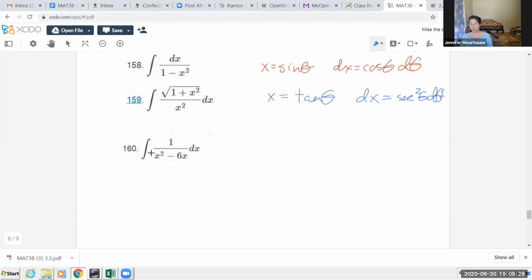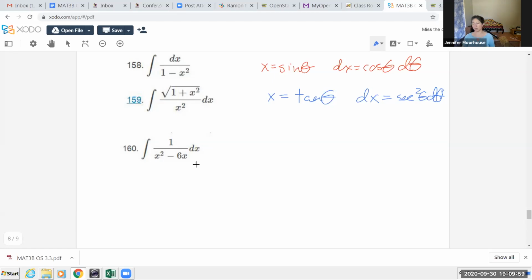If you try making u be x squared minus 6x, that doesn't work. So then you might start running through all the different techniques you know, and trig substitution doesn't look like it would work here because you don't have the right format. It doesn't have an x squared minus a squared or a squared minus x squared.